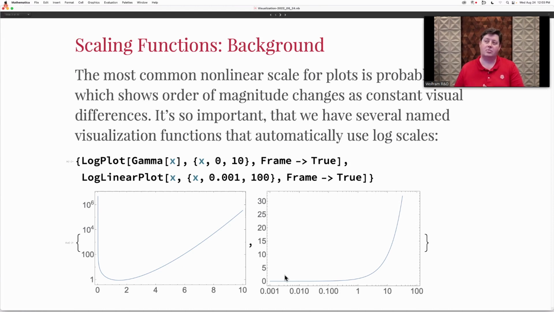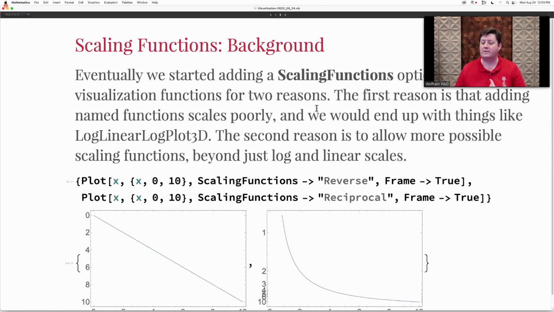And then LogLogPlot, which has a log axis on both of them, and list versions of them, and date list versions of them. And if we wanted to expand out, then that's a lot of functions that we have to add. So what we did instead is we added an option to the visualization functions called ScalingFunctions.